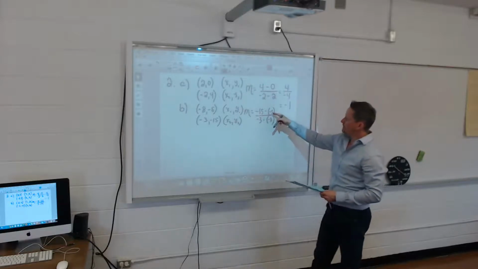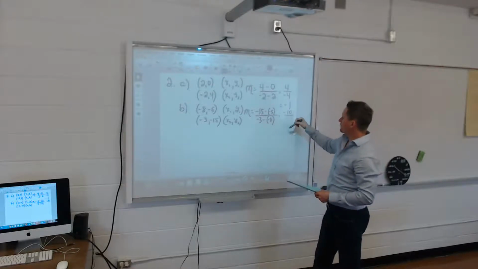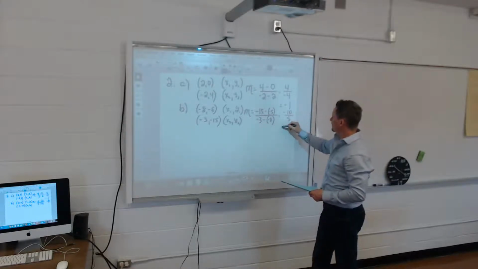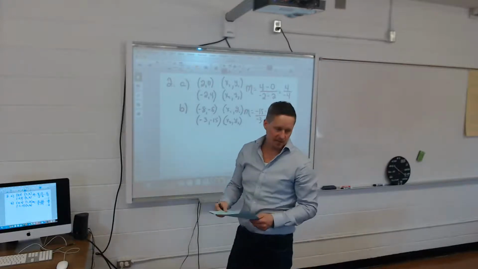So -15 plus 5 is -10. -3 plus 8 is 5. -2 is my slope.